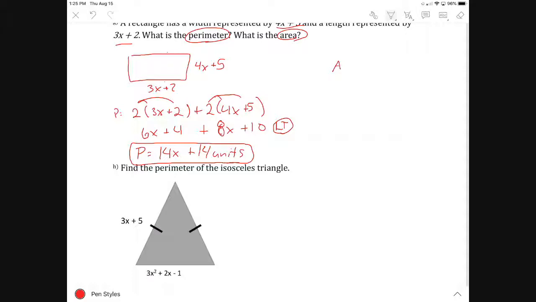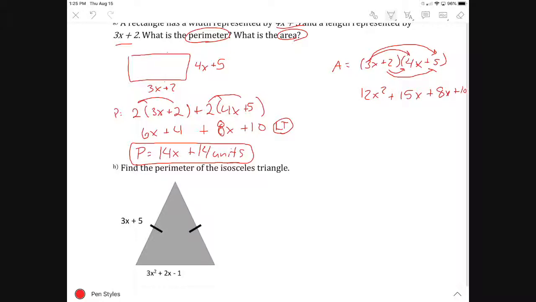So remember, area of a rectangle is going to be length times width. So it's going to be 3x plus 2 times 4x plus 5. So we're going to FOIL again. So 3x times 4x, 3x times 5, 2 times 4x, and 2 times 5. So we get 12x squared plus 15x plus 8x plus 10.